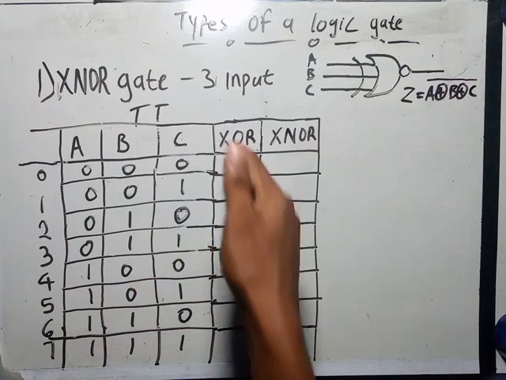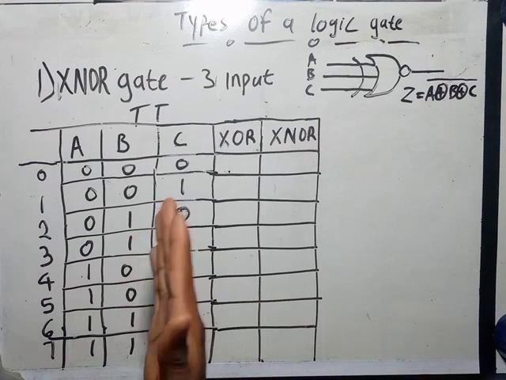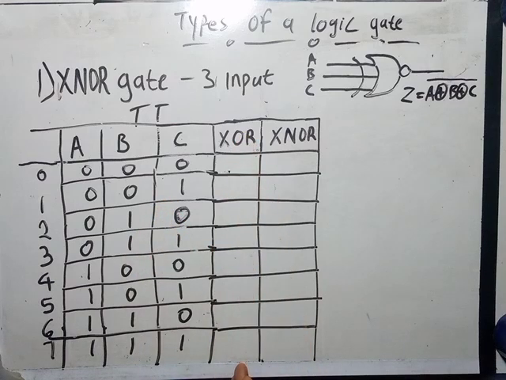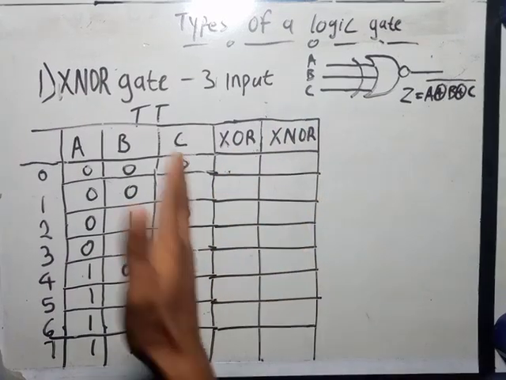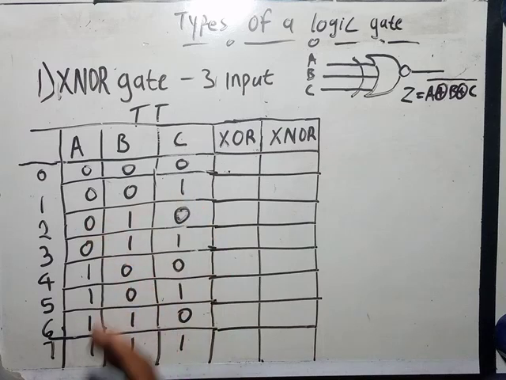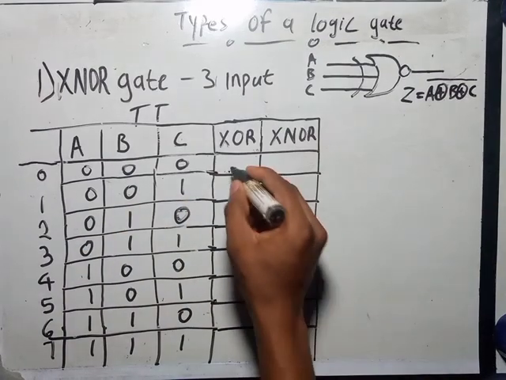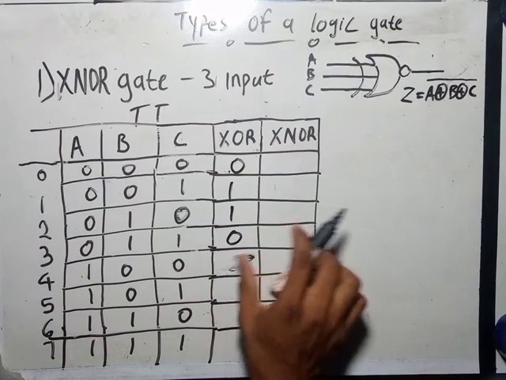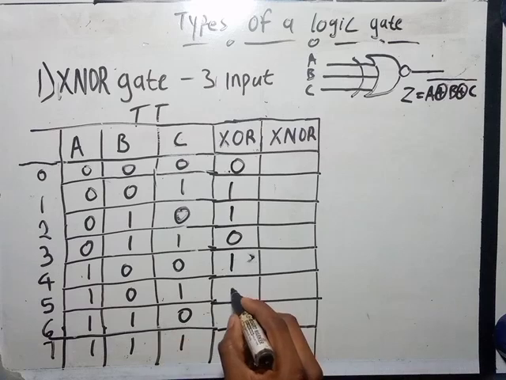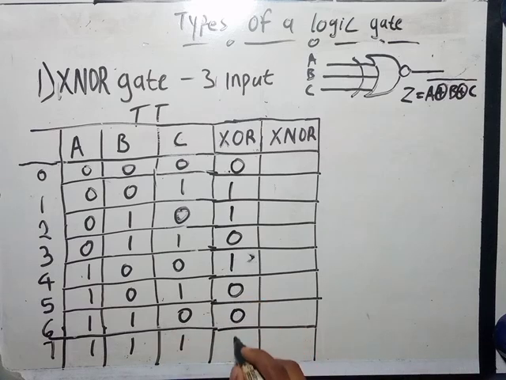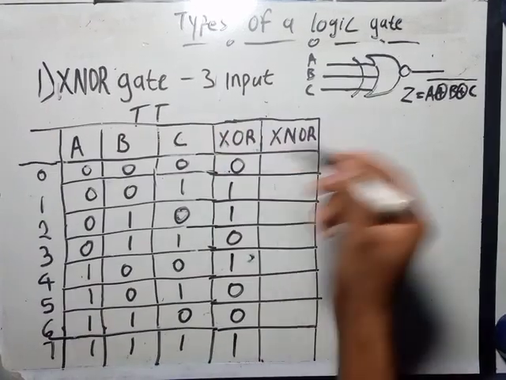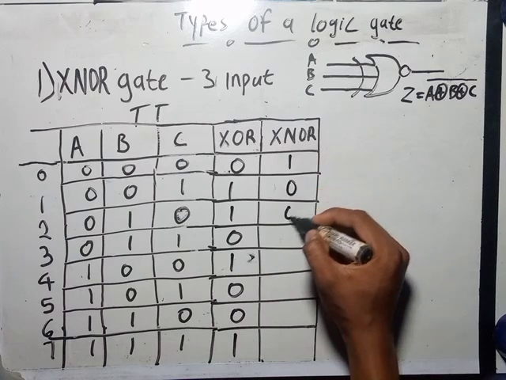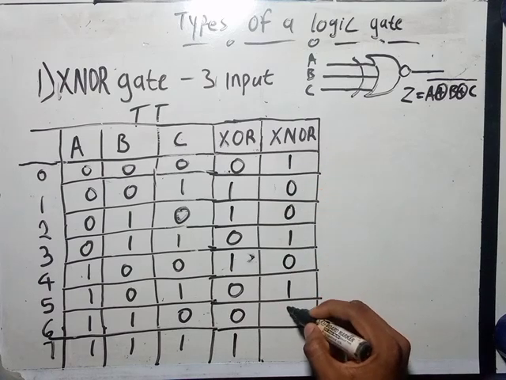If there is an odd number of high inputs, the output will be high. But if there is an even number of high inputs, our output will be low. So for our XOR, we know this is 0, 1, 1, 0. No, sorry, this is an odd number. 0, 0, and 1. So this is what this one is not. That's the opposite. And we're having 1, 0, 0, 1, 0, 1, 1, 0.